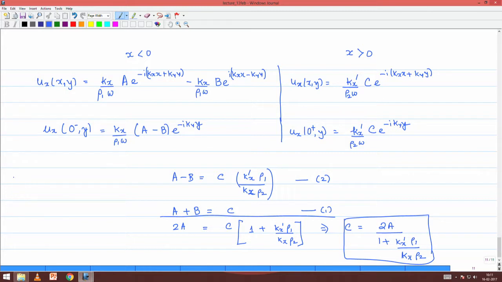You could also find b as c minus a, and that is also not too difficult to work out.